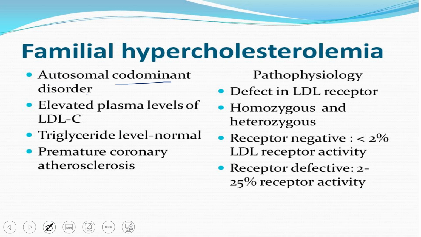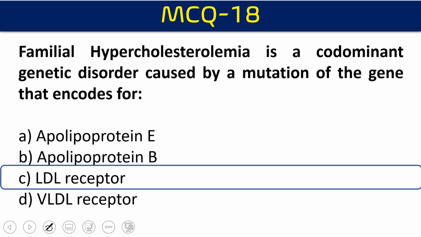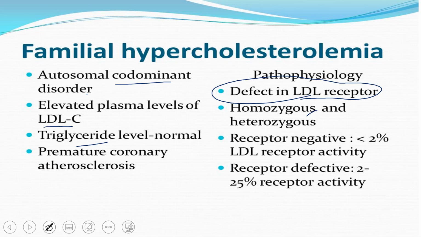In this case, the plasma level of LDL increases, the triglyceride level will be normal, and there is a defect in the LDL receptor. It may be homozygous or heterozygous. In the question, which gene mutation causes familial hypercholesterolemia? It is the gene responsible for the LDL receptor. So there is a defect in the LDL receptor, and that is an autosomal co-dominant disorder.